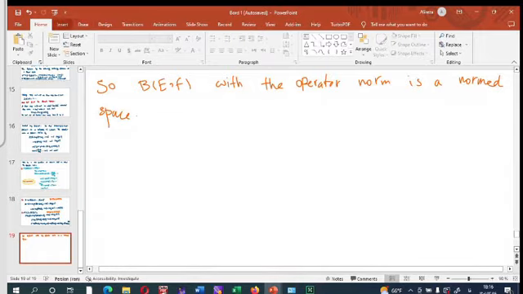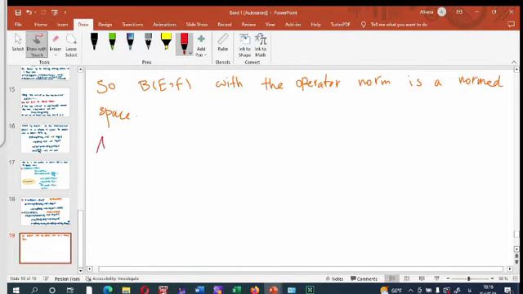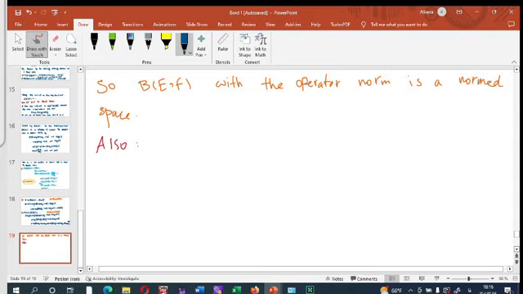Also, B of E and F with the operator norm is a Banach space.